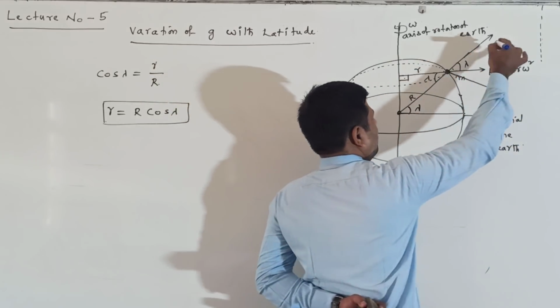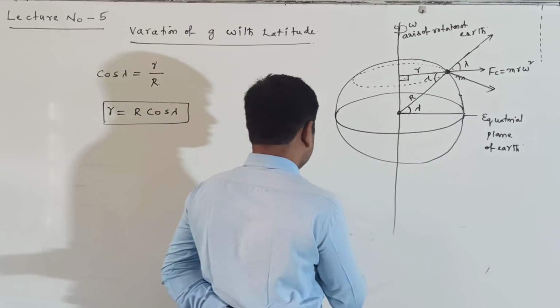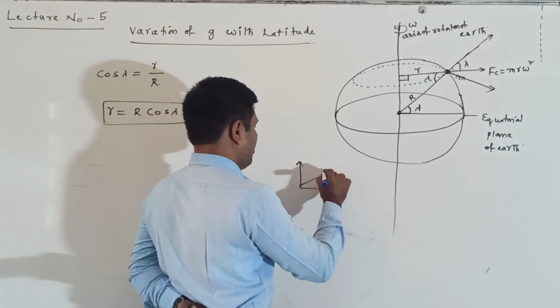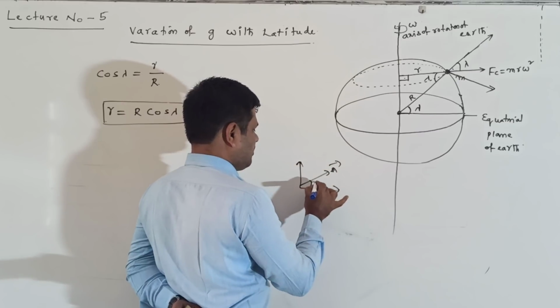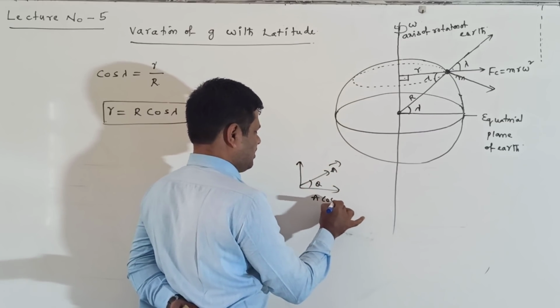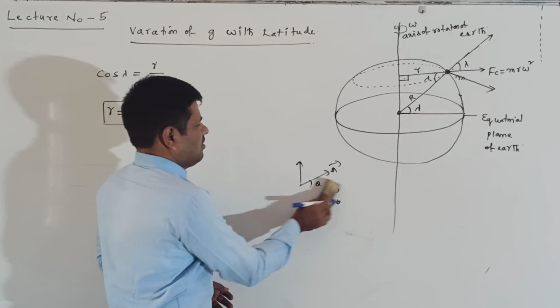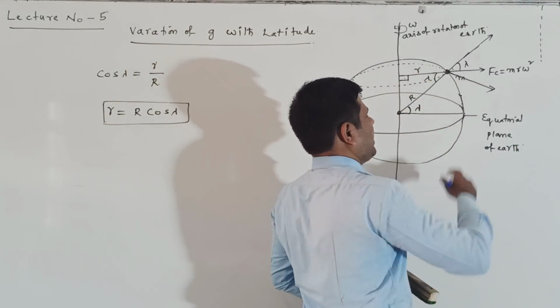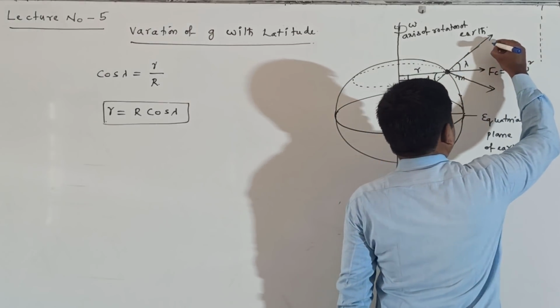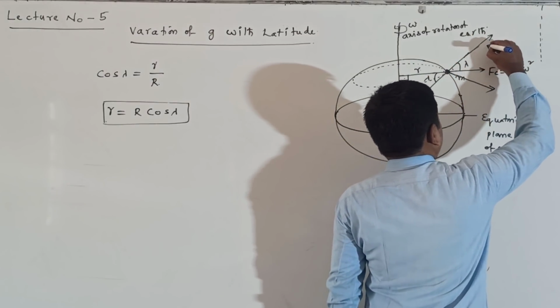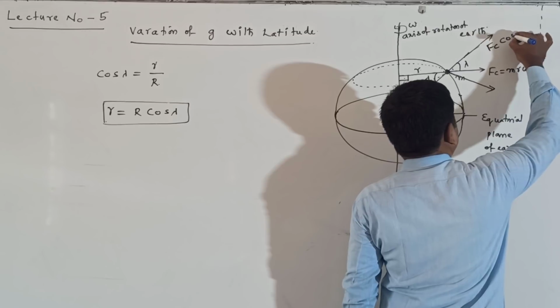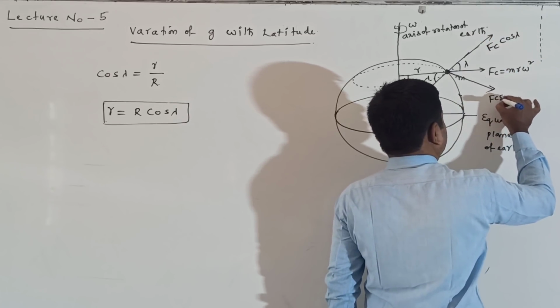Suppose this is A, and the angle theta makes this A cos theta, the component along the axis the angle is made with. This is the vertical component, and the angle between these two is 90 degrees. The horizontal component can be written as Fc cos lambda, and the vertical component as Fc sin lambda.